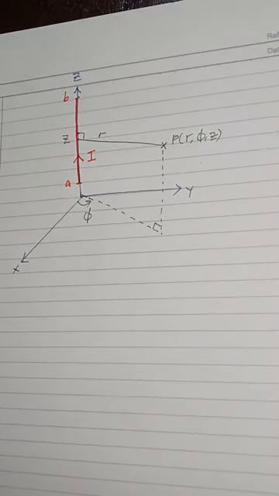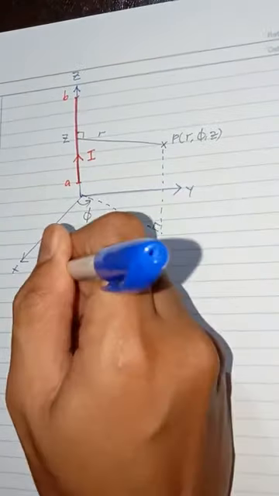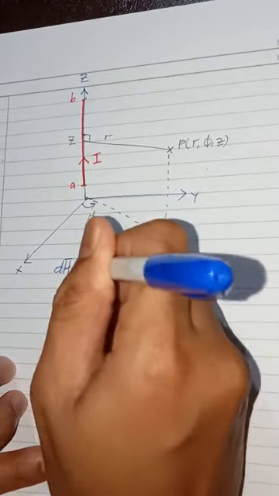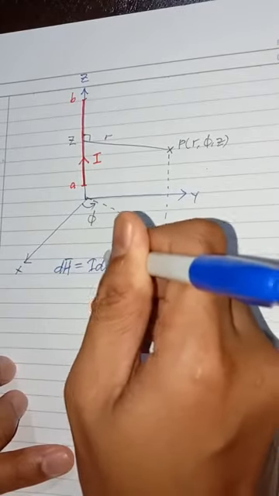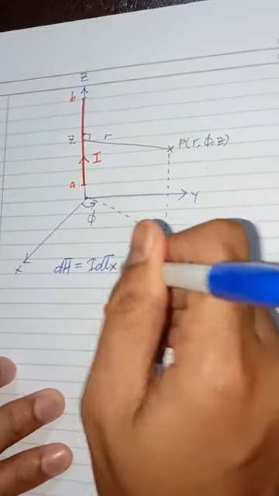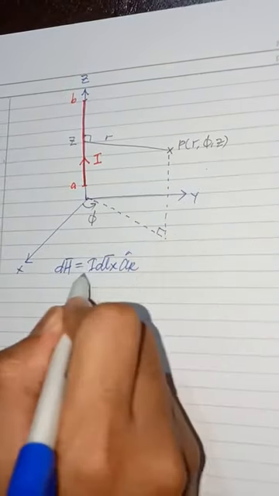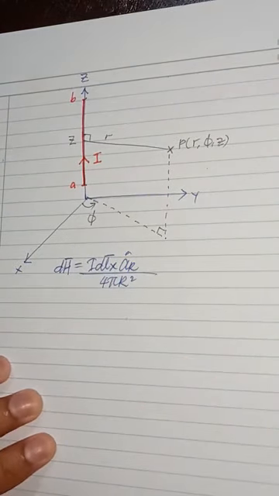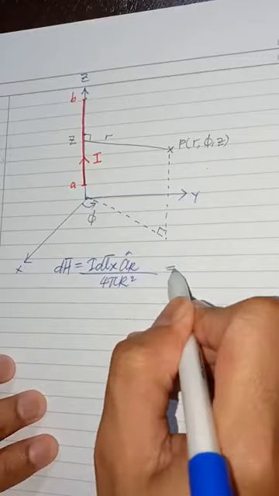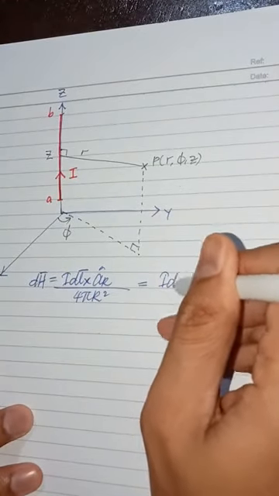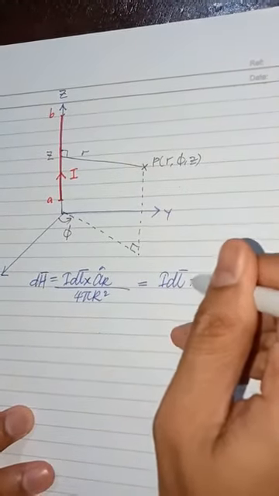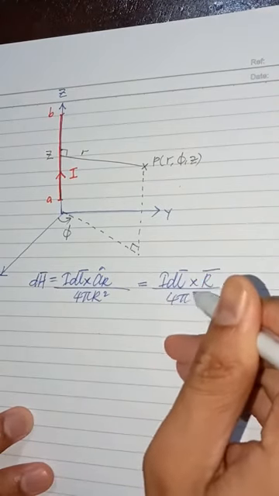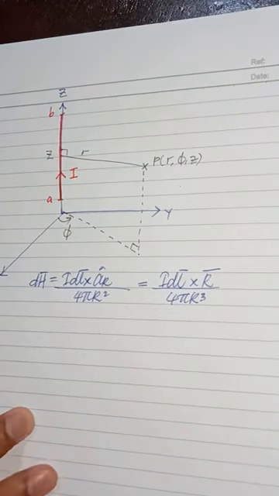From the Biot-Savart law, you can see from these equations, dH is equal to I dl vector cross unit vector of R over 4 pi R squared, and this can also be transformed to another form as shown here, I dl vector cross R vector over 4 pi R cubed.